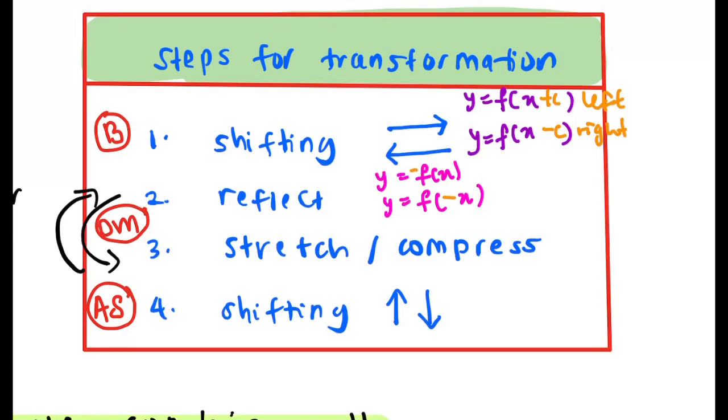If it is minus outside, meaning that y is directly affected, so from a positive y, now you are going to negative y, meaning that this is reflecting about your x-axis. How about this one? You have minus inside the function directly connected to your x. So from a positive x, now you have a negative x. Therefore, this is reflecting about the y-axis.